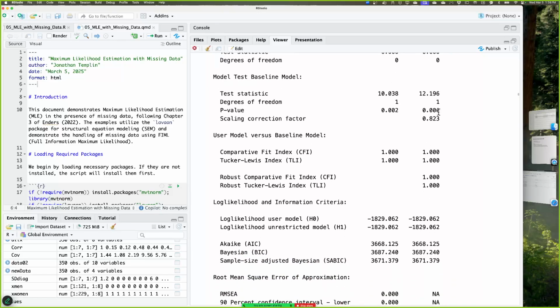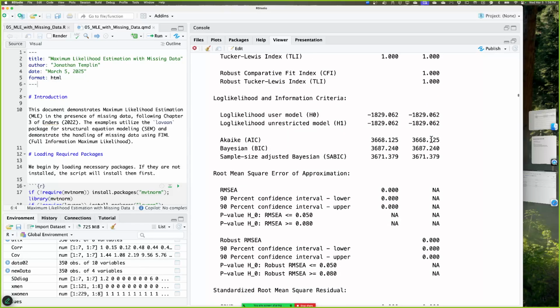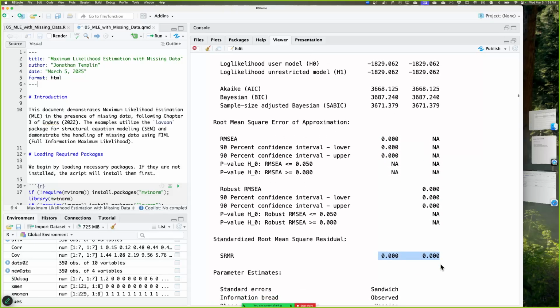That also means some of the fit indices that I briefly mentioned last time, CFI and TLI, are at their optimal values of 1, and RMSEA is at its optimal value of 0, and we have no standardized root mean squared residual. Basically, we are recovering the full saturated multivariate normal distribution from this model. That's what it's saying. So model fit's not a big deal here. How are we doing?